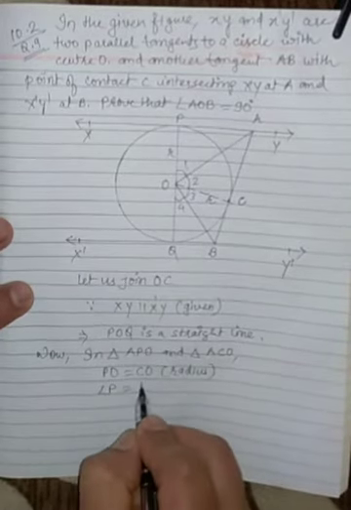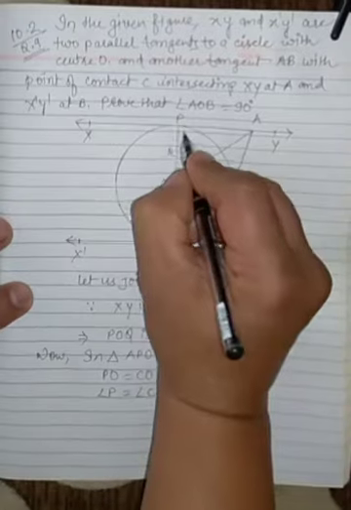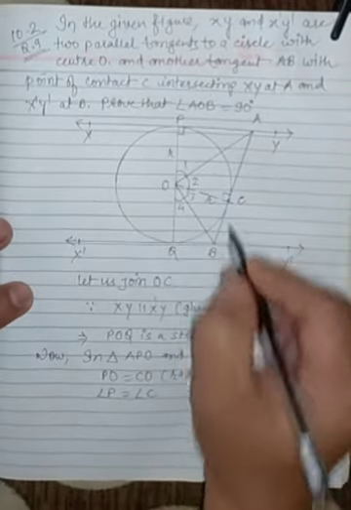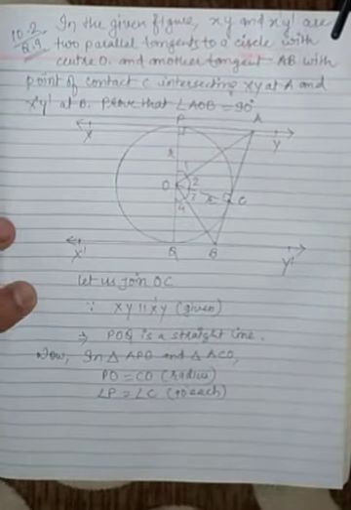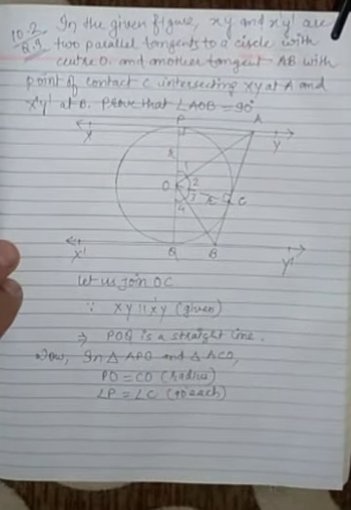Angle P is equal to angle C, both 90 degrees each, because tangents at the point of contact are perpendicular to the radius.